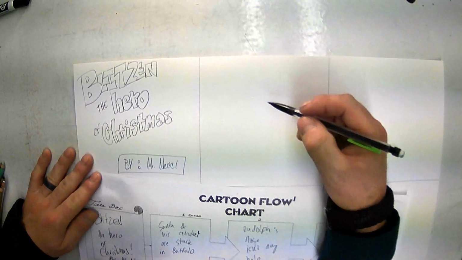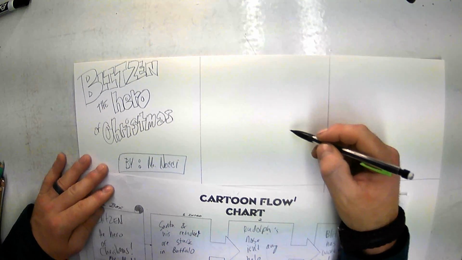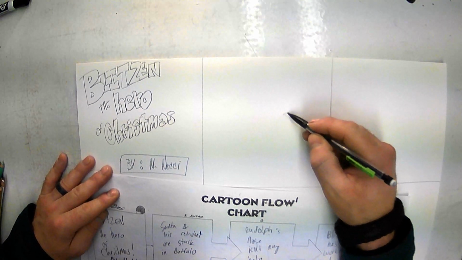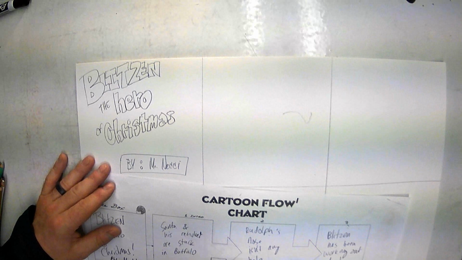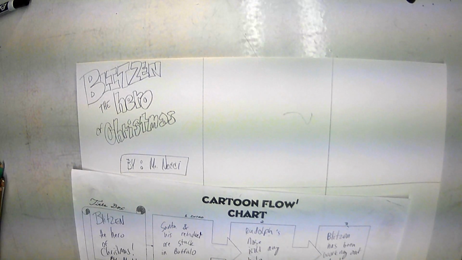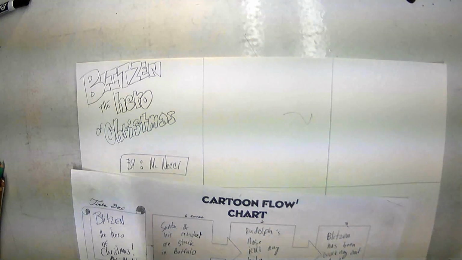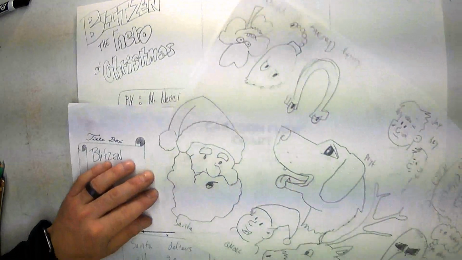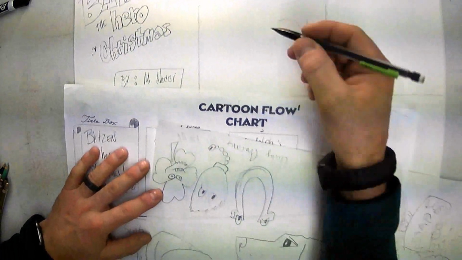Okay, so we're going to have to start with Santa. And if we forgot what he looks like, oh, how do I draw Santa? Get this guy back up. Oop, that's the wrong one. Here's the right one. There's Santa at the bottom. Okay, so we got Santa.